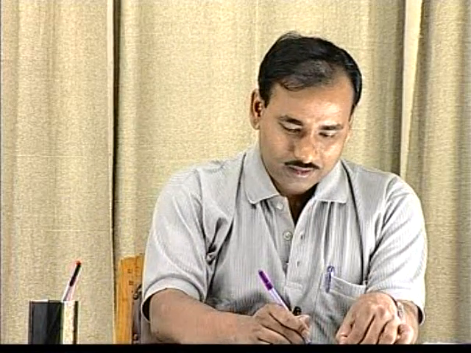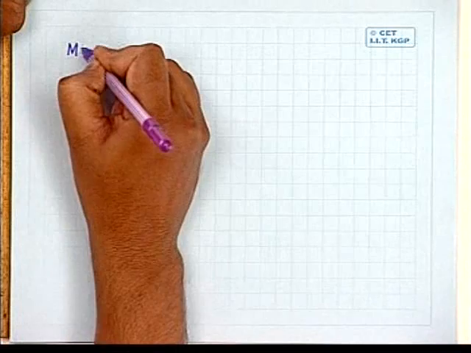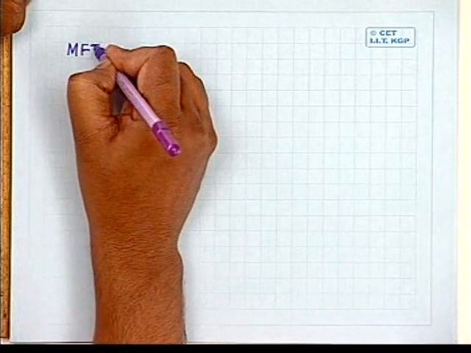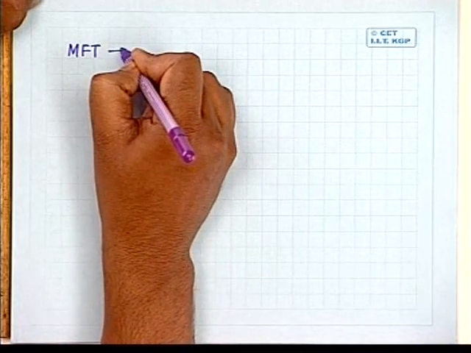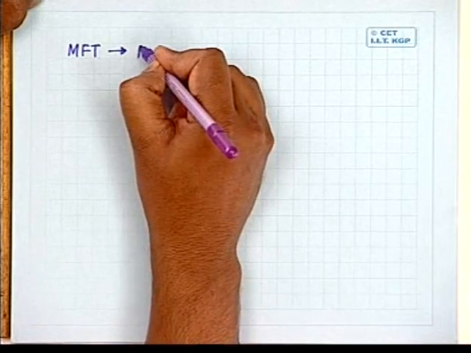Okay. So that leads to a concept of what is called MFT. I think we have discussed MFT in our program and data structure course. MFT technique, or multi-programming with fixed number of tasks.